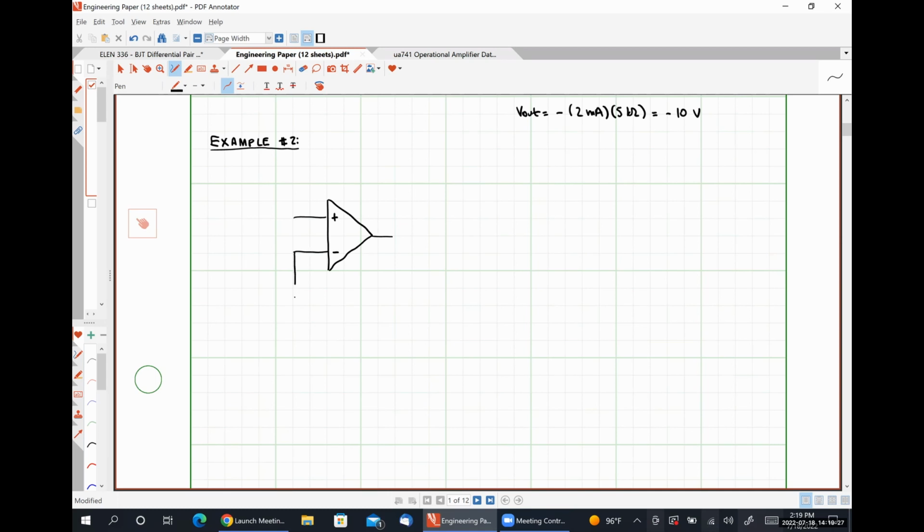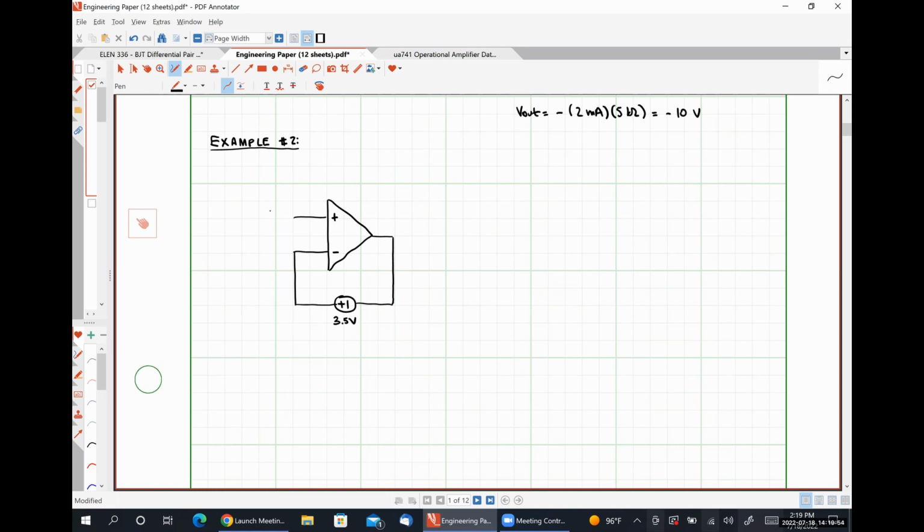All right, so what I'm going to do here is I'm going to put a voltage. Let's put positive polarity on the left, negative polarity on the right, like so. And let's let this be a 3.5 volt source.